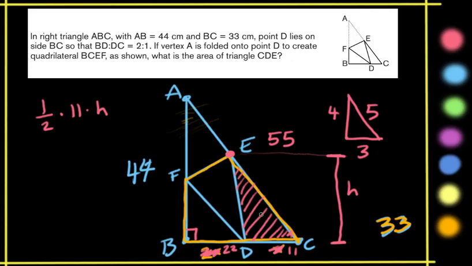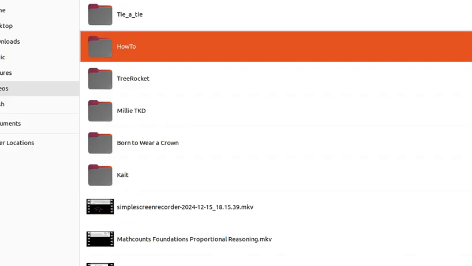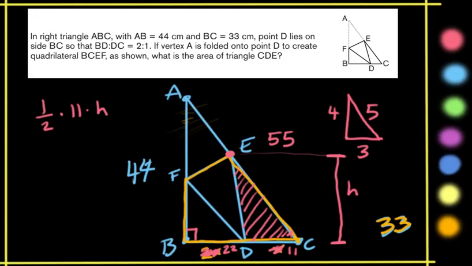So how are we going to find that height? Okay, this is a really tricky one. I think we're going to need to draw a couple of additional lines here.